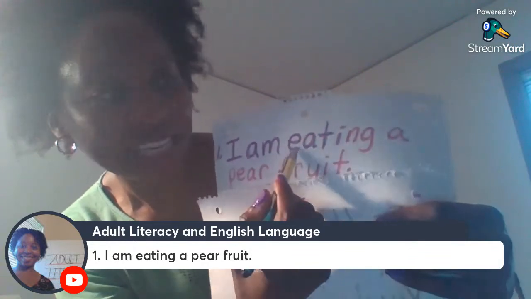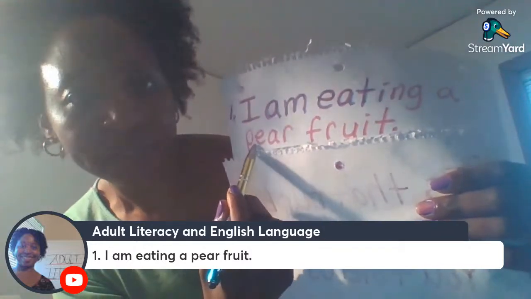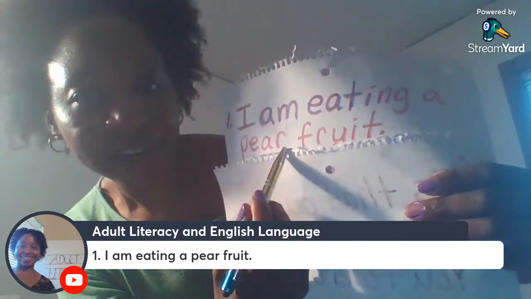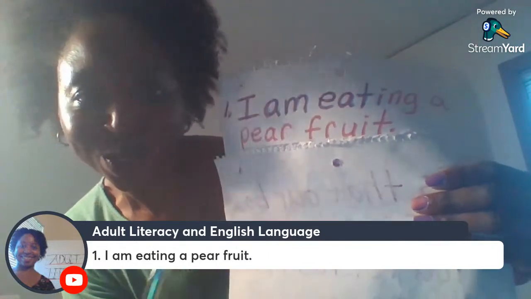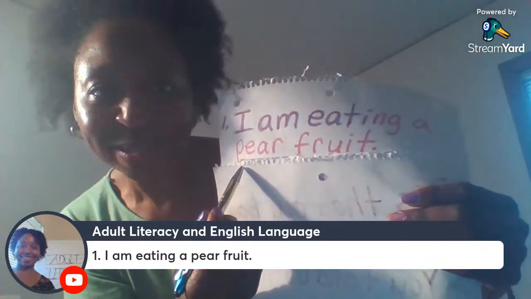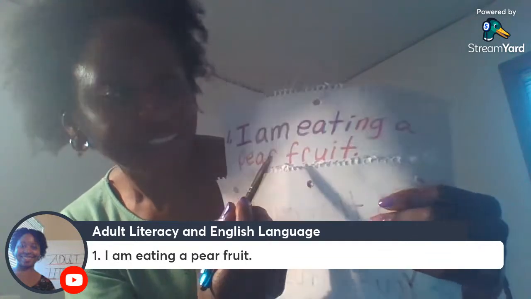Eat, ing, eating. A. P has the pus sound. Air, pear. Pear starts with P and then it has EAR, which is the word ear. Isn't that funny? Pear starts with a P, as in Peter, and then has the word ear in it.